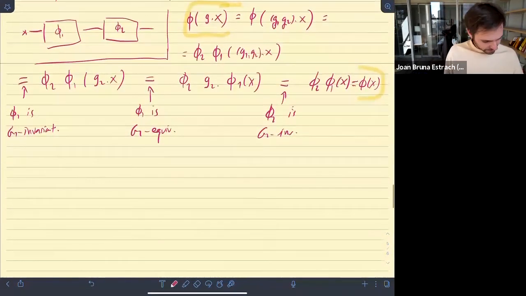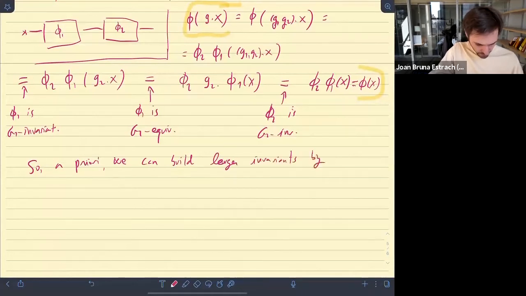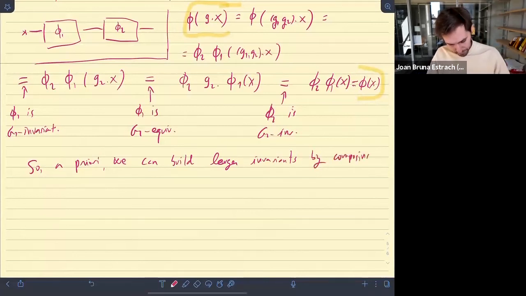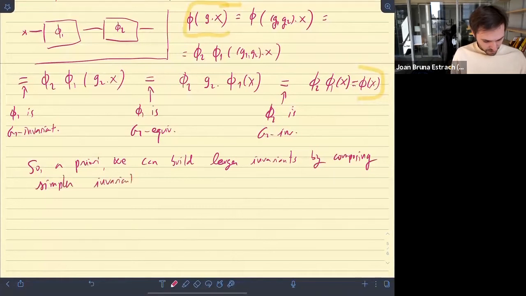So a priori, we can build larger invariants by composing simpler invariants or equivariants.